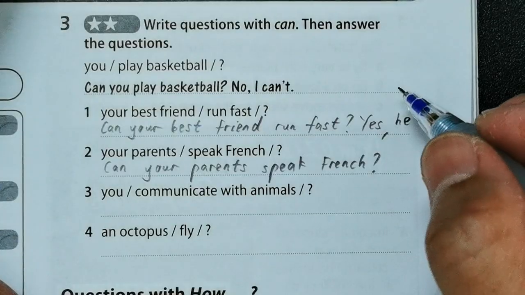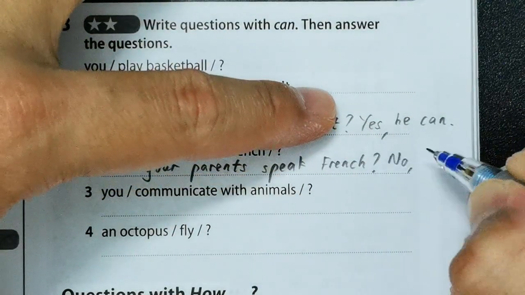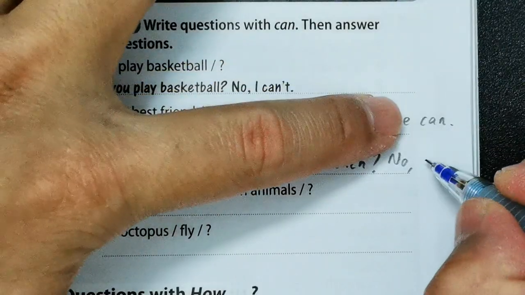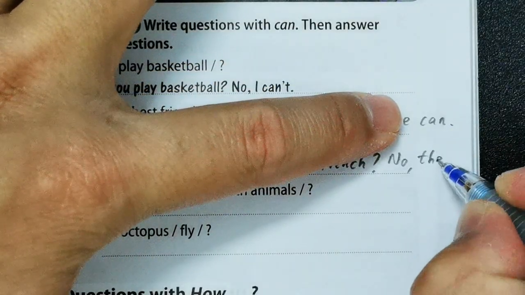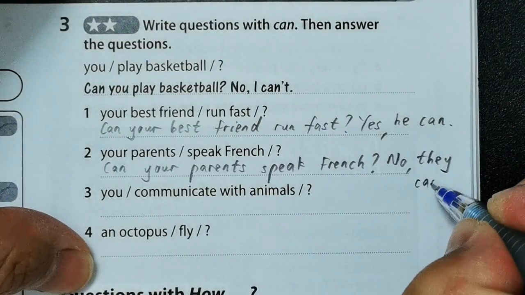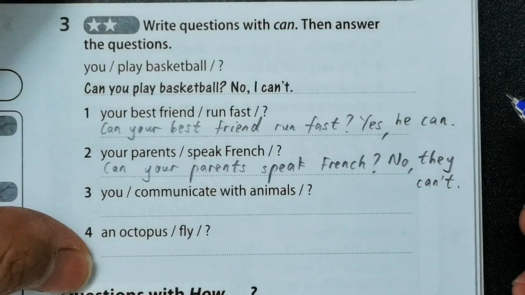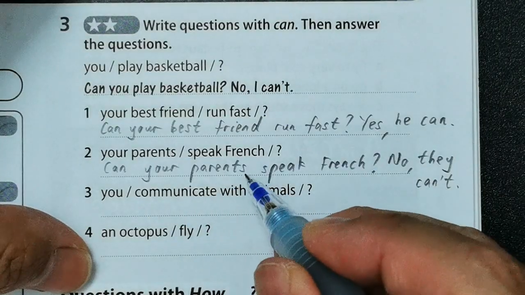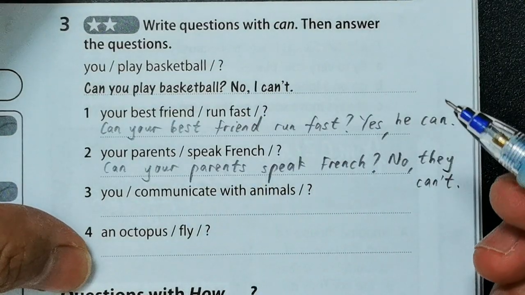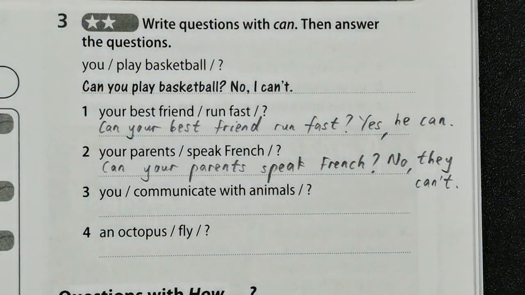The answer may be no. If no, you choose they can't. We have this plural pronoun. Parents with S means your father and mother. So, can your parents speak French? No, they can't.